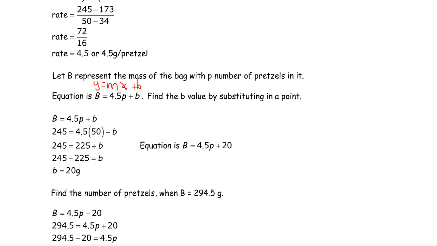Now I'm letting my dependent variable be capital B, mass of the bag, instead of y. The rate we found was 4.5, so 4.5 goes here. And instead of using x, I'm letting p represent number of pretzels, and then the b is the y-intercept, my initial amount. It's actually the mass of the bag when it's empty. That's what b represents.